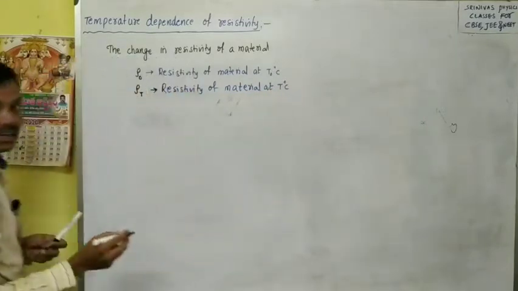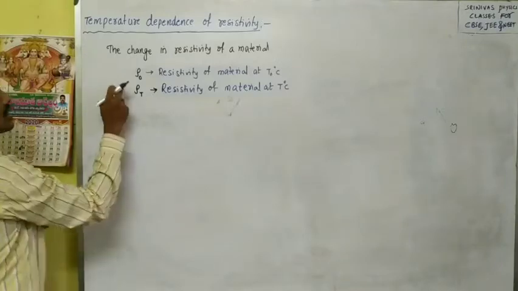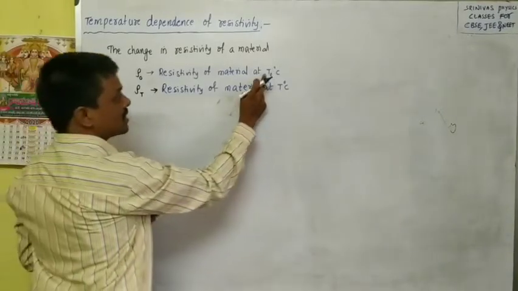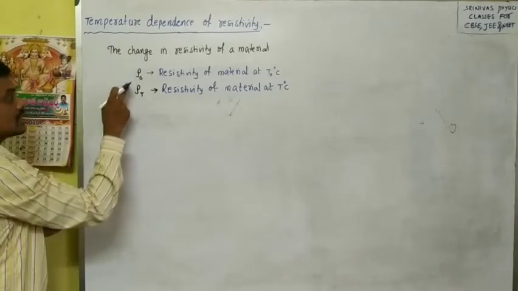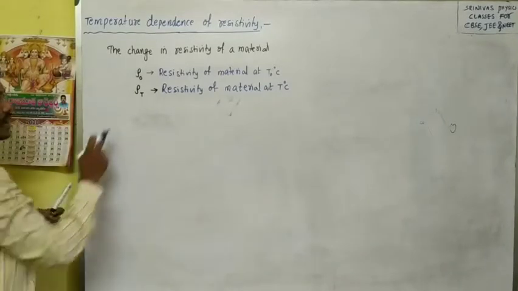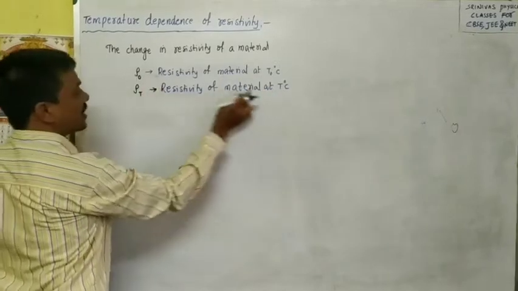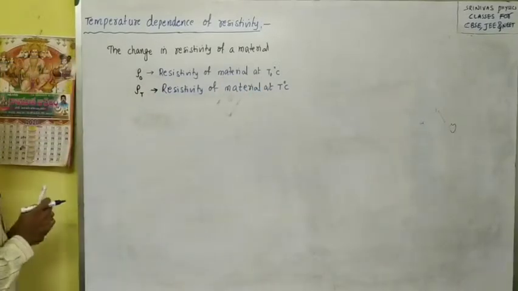When the temperature changes from T naught to T, the resistivity changes from rho naught to rho T. At temperature T naught the resistivity is rho naught, and at temperature T the resistivity is rho T.